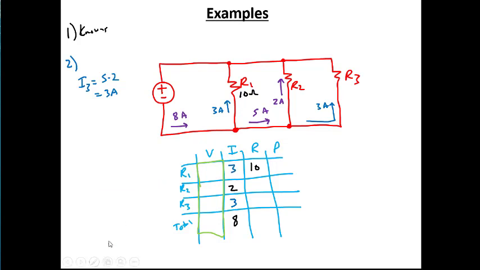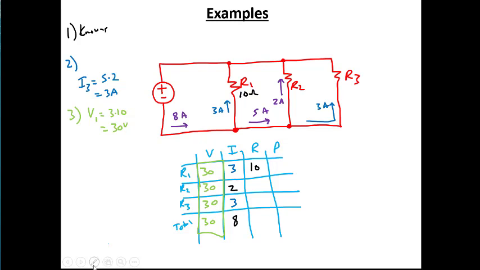So now what we can do, if we look at our table, is we have the current and resistance for this resistor, so we can figure out the voltage. So that's what we'll do next. We'll find V1, which is going to be 3 times 10. So that means that our voltage is 30 volts. Multiply these two together. So we have 30, 30, 30, and 30.